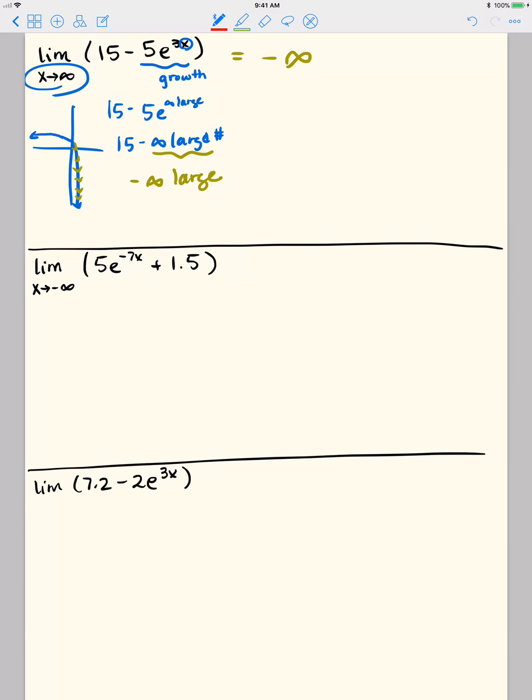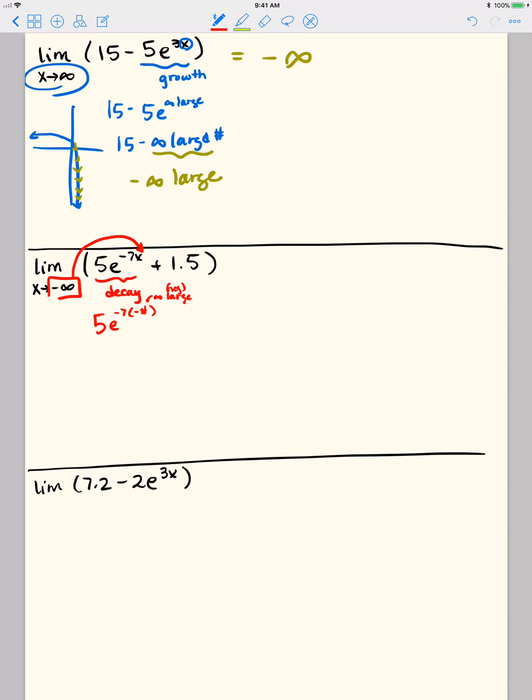Next example here looks at a limit as x goes to negative infinity of 5 times e to the negative 7x plus 1.5. So if we look here, the 5e to the negative 7x is a continuous decay problem, but we're going to look as x goes to negative infinity. So imagine negatively infinite values being plugged in, and we're going to have 5e, and we have a negative 7 times a negative number, and that negative number is going to get infinitely large in the negative sense.